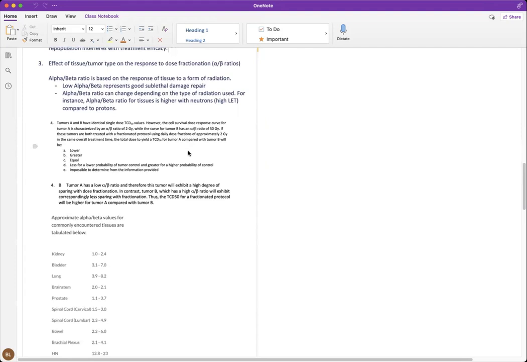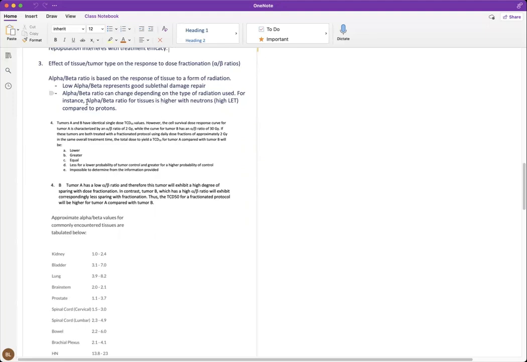Effect of tissue and tumor type on the response to dose fractionation. So we talked about alpha beta ratios. It's based on the response of tissue to different forms of radiation. If it has a low alpha beta, it has good sublethal damage repair. The alpha beta ratio can change depending on the type of radiation used.